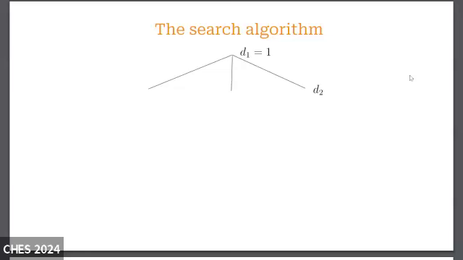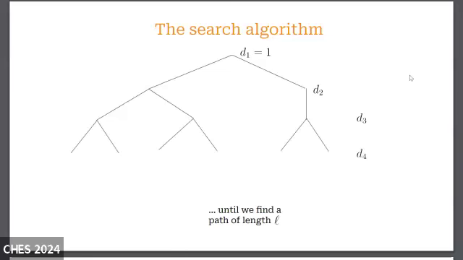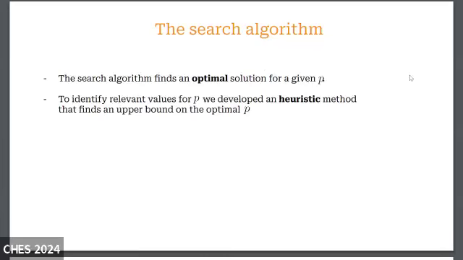And then with the constraints of the system, you can cut the branches of the tree and so on and so forth. And if you can find a path of length L, you have found a solution. The thing is, this only works if you know the right P, but to identify relevant values for P, we developed a heuristic method that finds an upper bound on the optimal P, and we show in the paper that this is pretty tight, and that it's in general enough to find the optimal P.